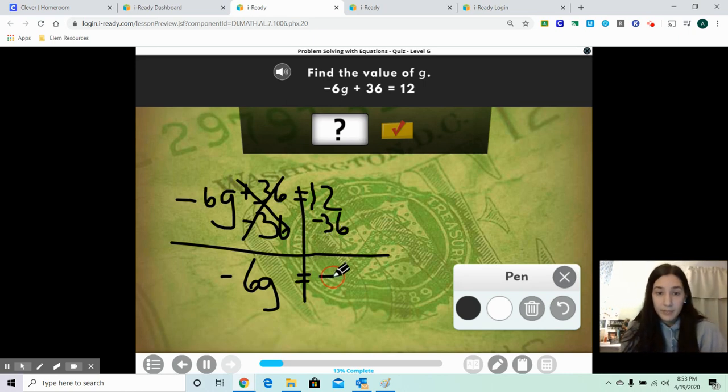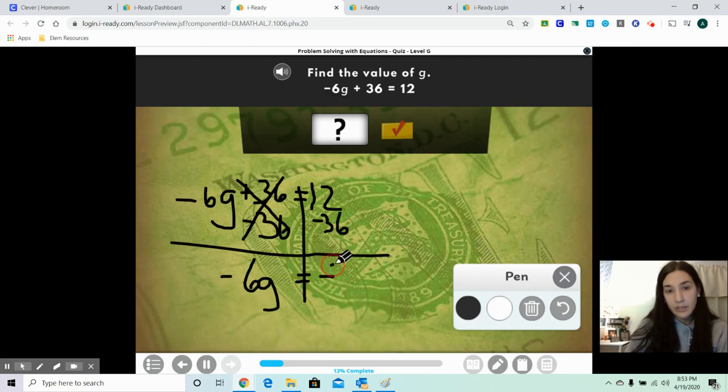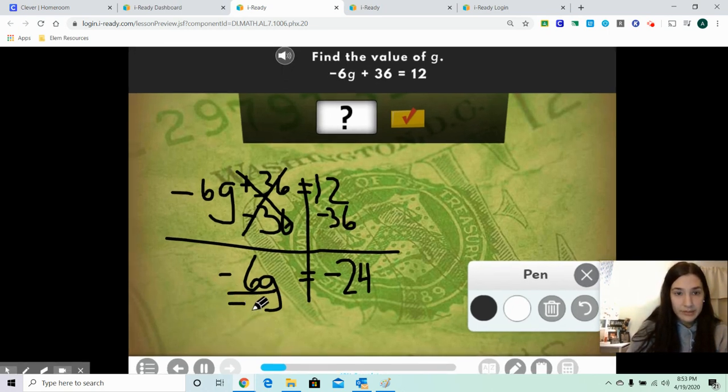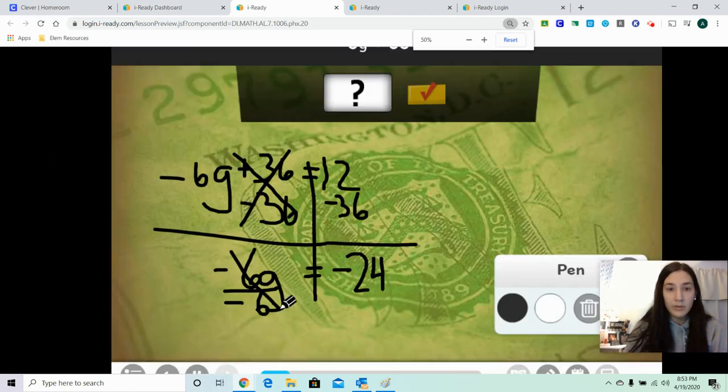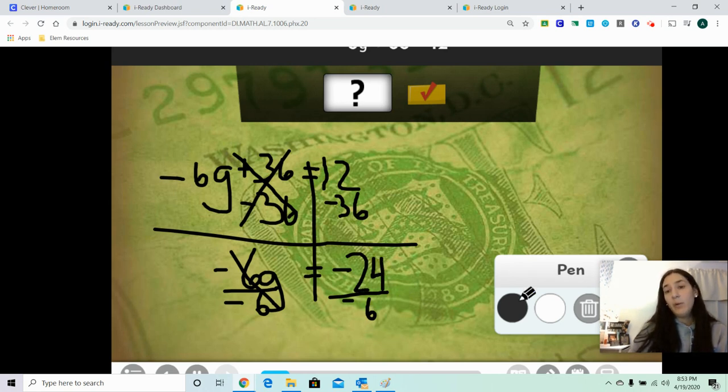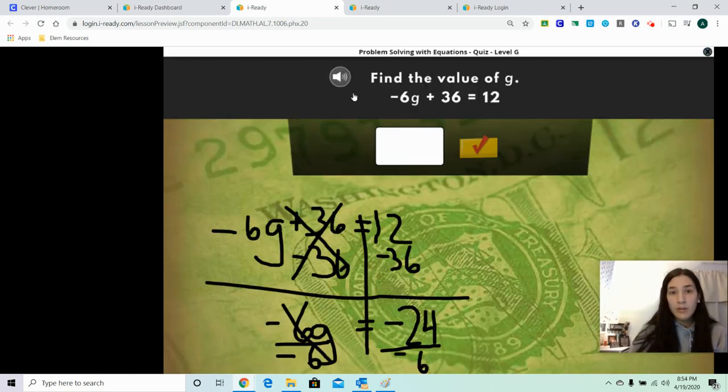Okay, we know the larger number is negative. Now we just subtract. 36 minus 12 gives us 24. We're going to divide both sides by negative 6. And we're going to get g is equal to positive 4. We know that negative 24 divided by negative 6, a negative divided by a negative is a positive, and 24 divided by 6 is 4.